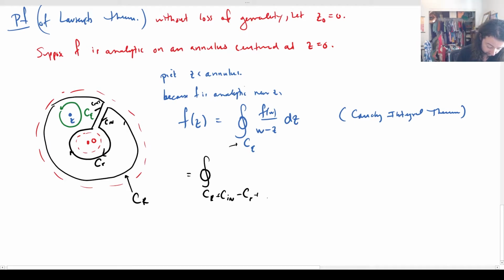And then I'm going to go back out on C out, and that's going to get me back out to C_R. But, as usual, those little straight paths that point in different directions cancel each other, so those don't count. It's not a dz integral, it's a dw.